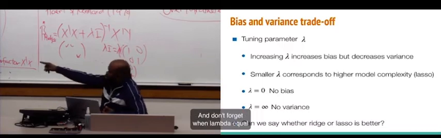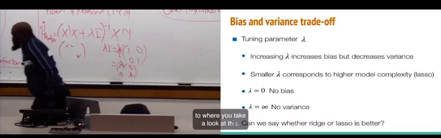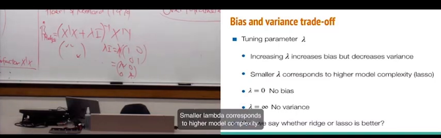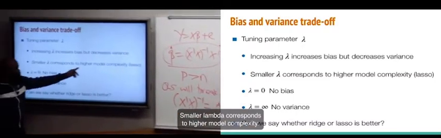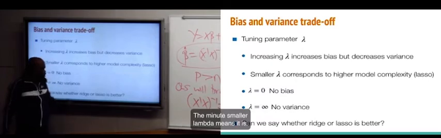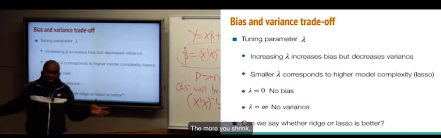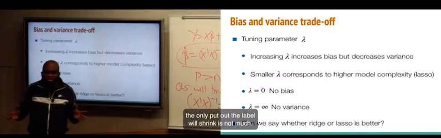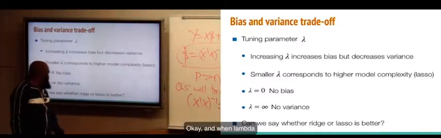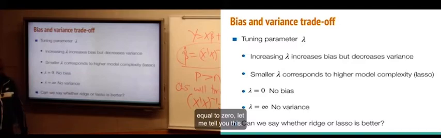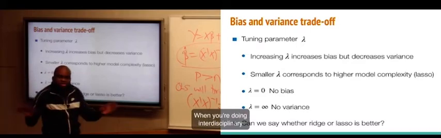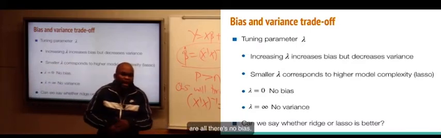And don't forget, smaller lambda corresponds to higher model complexity. You know the meaning? Smaller lambda means the unimportant variables are not shrunk much. And when lambda equals 0, when you don't introduce a penalty at all, there's no bias.